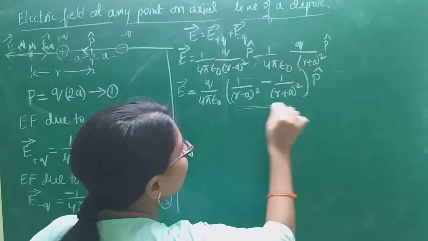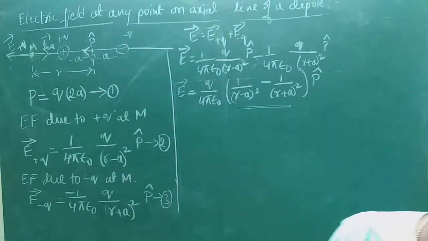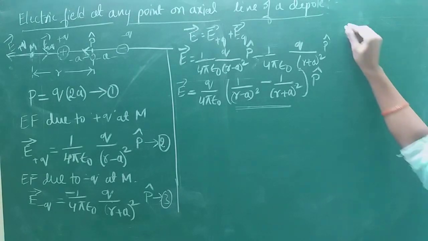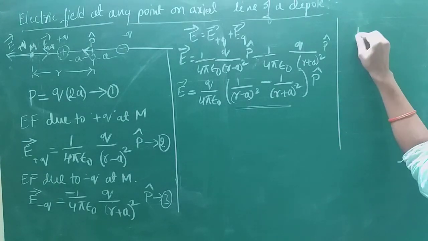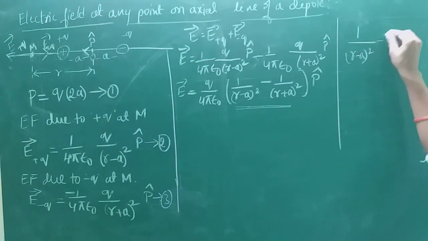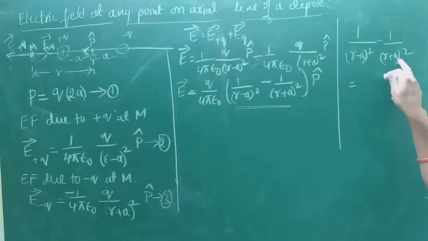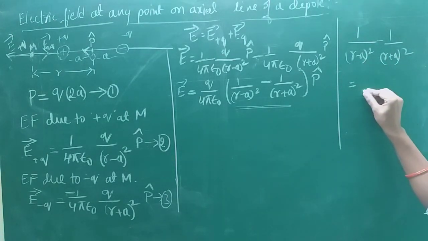Now we need to find the value of 1 by (R minus A) whole square minus 1 by (R plus A) whole square. For that, let us take 1 by (R minus A) whole square minus 1 by (R plus A) whole square. Now this can be taken with an LCM, right?